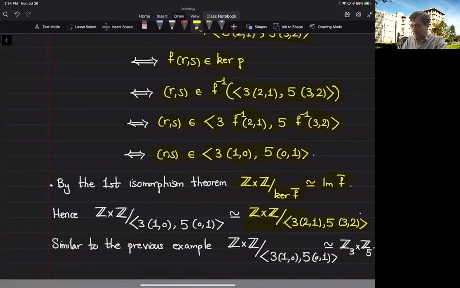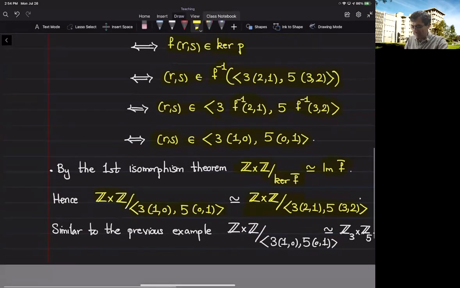On the other side, I have Z cross Z, and the kernel of F bar is the subgroup generated by these two vectors. Now, all of a sudden, I've changed these crazy vectors to standard vectors. Now I can use the previous example and deduce that this factor group is isomorphic to Z sub 3 cross Z sub 5.